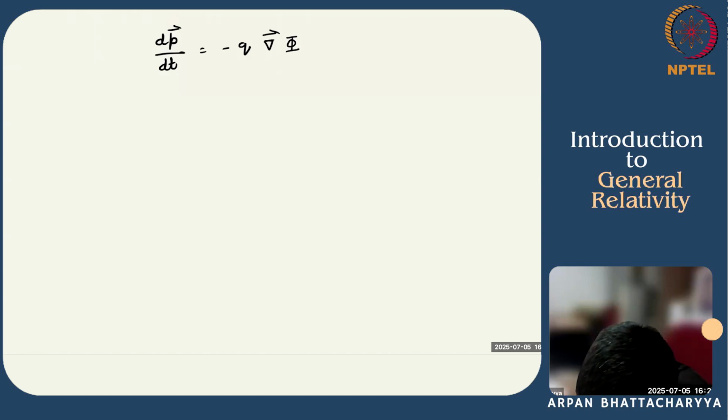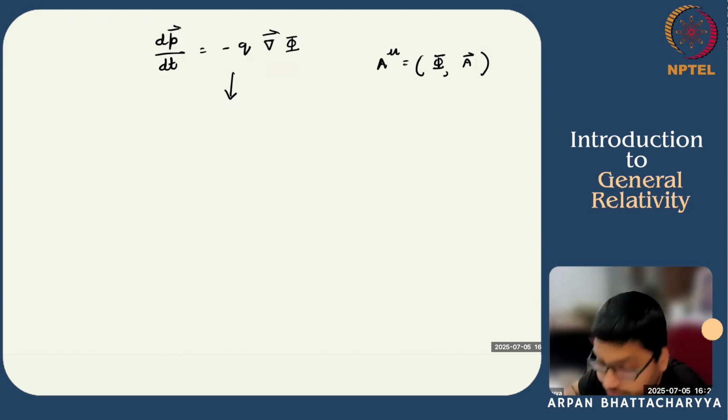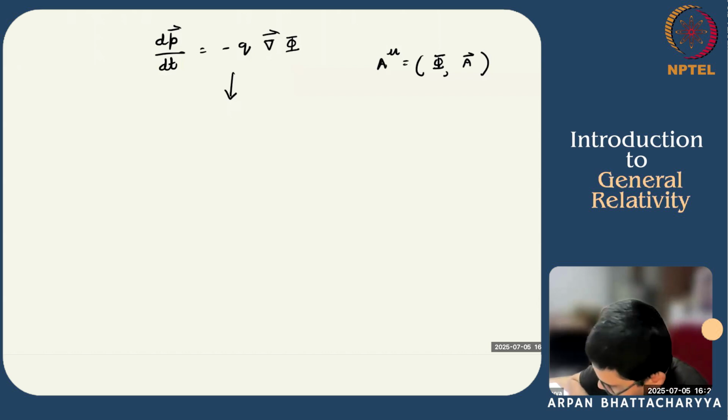So now we want to make this Lorentz covariant first. Remember, this side is the derivative of the scalar potential, but we know from our previous discussion that the scalar potential together with the vector potential forms the 4-vector, which we call the Maxwell gauge field A mu. So this side must be replaced by the derivative del mu of A mu.